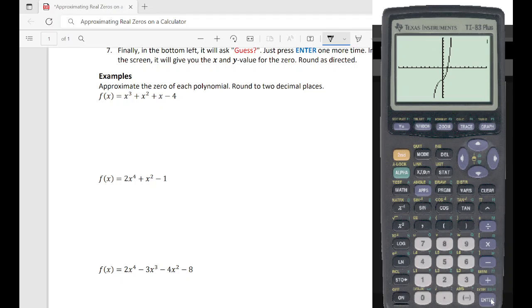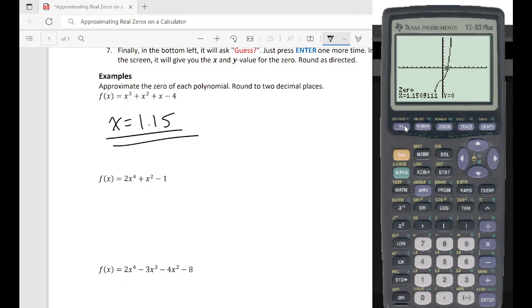Then it asks us for guess, we hit enter one more time, and it gives us the 0 rounded to 2 decimal places, 1.15. So the 0 here is 1.15. And that's all you do for the first one.